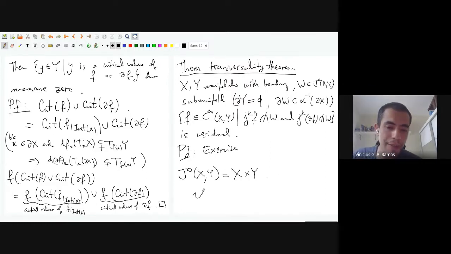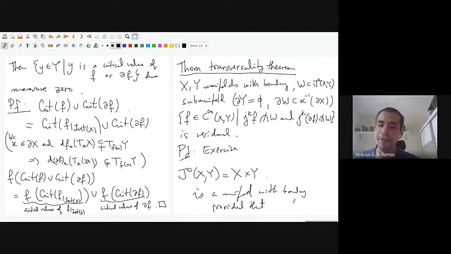So this is a manifold with boundary provided that one of them doesn't have boundary, for example, provided that the boundary of Y is empty. And that's true for all the jets, but in particular for the zeroth jet.